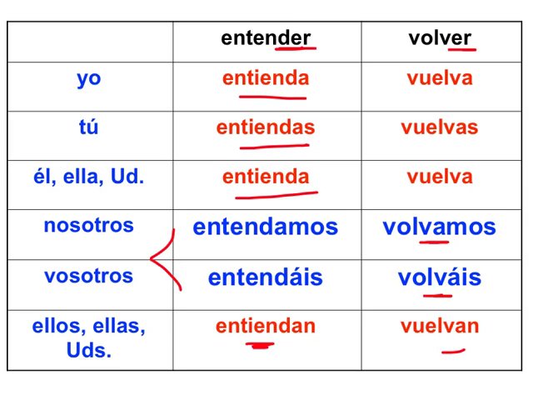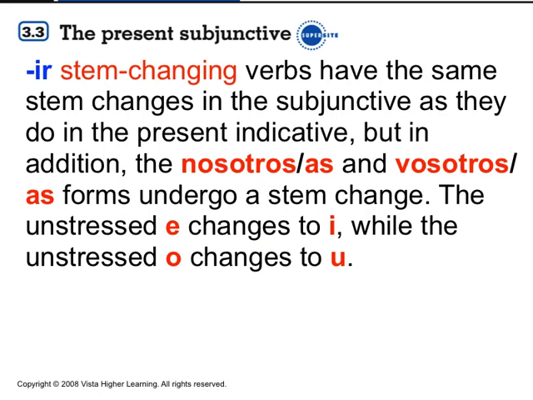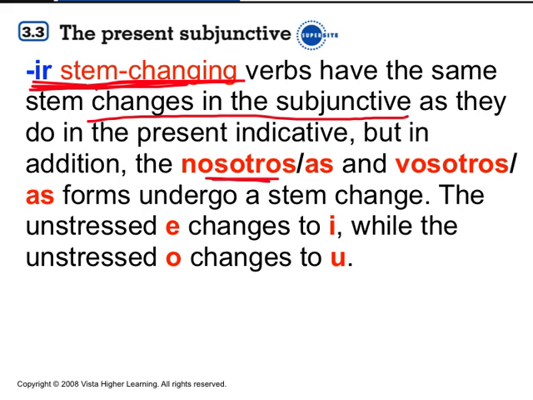So once again, AR and ER verbs of the present indicative that stem change stem change the same way in the present subjunctive. That means they will not stem change in the nosotros, vosotros form. But the IR verbs that stem change in the present indicative have the same stem changes in the present subjunctive, but they also will stem change in the nosotros, vosotros form.